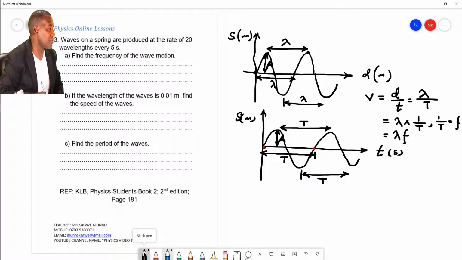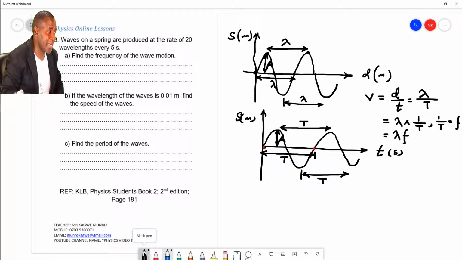Now let's go to this particular question. We are told that waves on a spring are produced at the rate of 20 wavelengths every 5 seconds. So, one wavelength corresponds to one complete oscillation or one cycle.